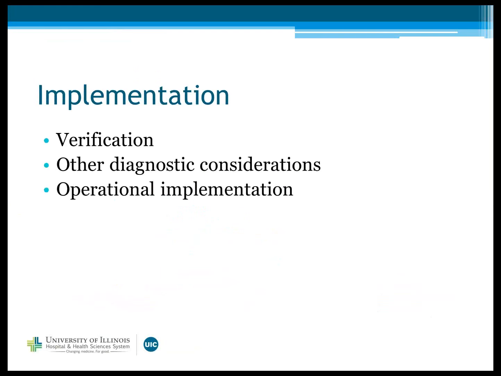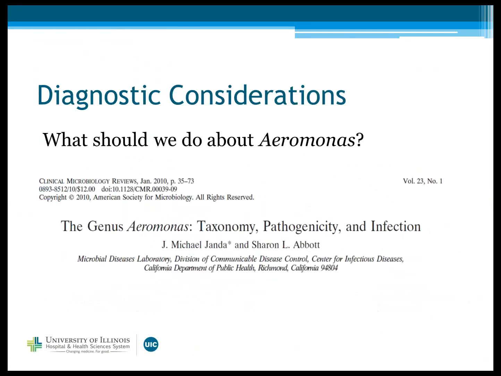So in addition to that, what other kinds of diagnostic considerations and operational implementation did we look at? One of those was Aeromonas. What should we do about Aeromonas? It was something our lab had been looking for and reporting previously, and we felt like based on our distribution, we wanted to continue that.